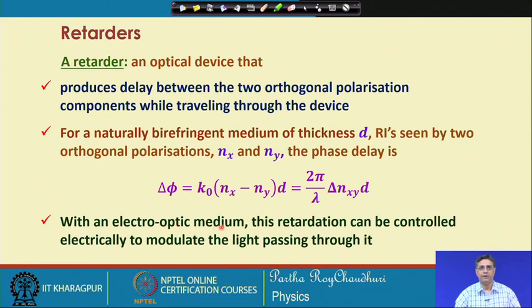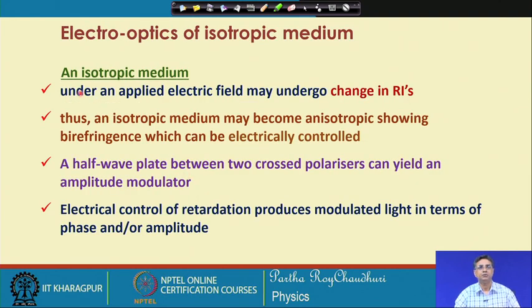So, in an electro-optic medium, this retardation, that is the delay in the phase, can obviously be controlled by the externally applied electric field, and this will result in the modulation of the light passing through the medium. So, that is the basic mechanism of light modulation by external electric field. An isotropic medium under an applied electric field may undergo changes in the refractive indices.